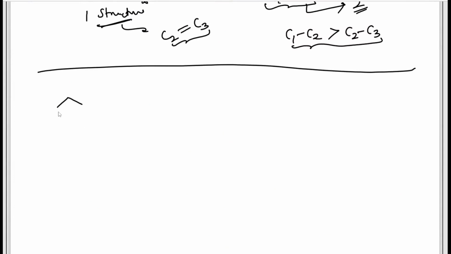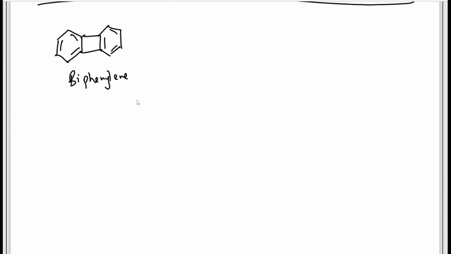If we consider biphenyl, this is the structure of biphenyl. In the case of biphenyl, there are 5 resonating structures. However, we can consider 5 structures.